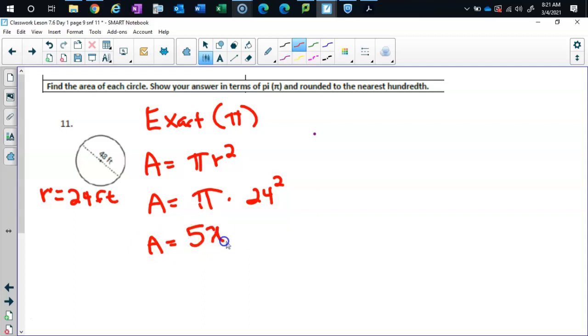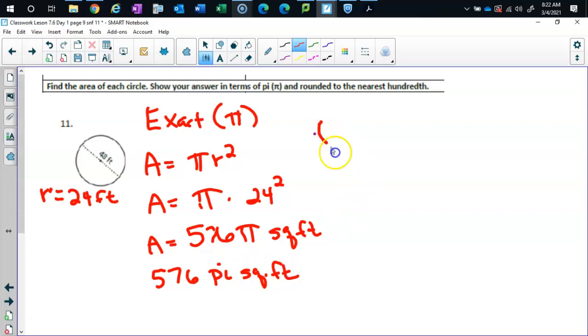So 576 pi, and we're going to have square feet. So what you should have typed into the Edpuzzle is 576 pi square feet. Now, I want you to use 3.14 for pi and round it to 2 decimal places if you need to round it. Go.